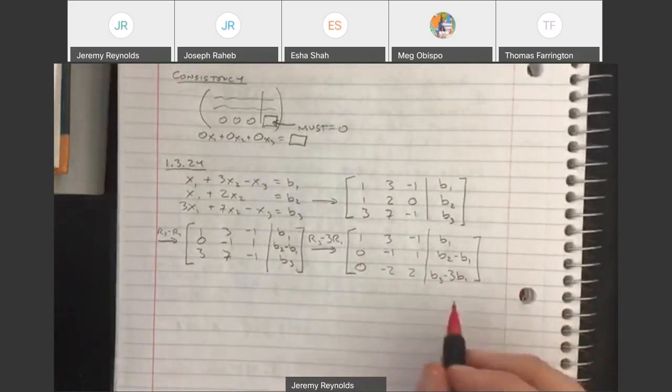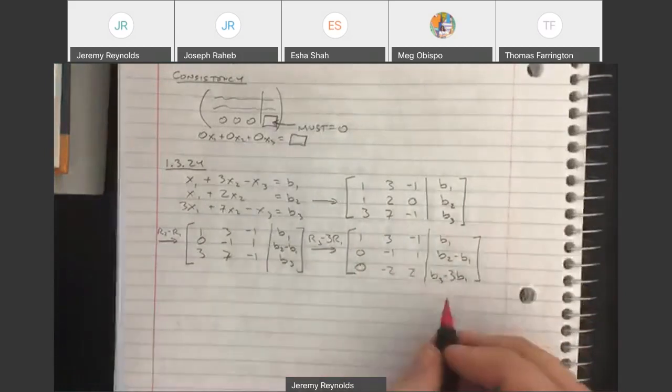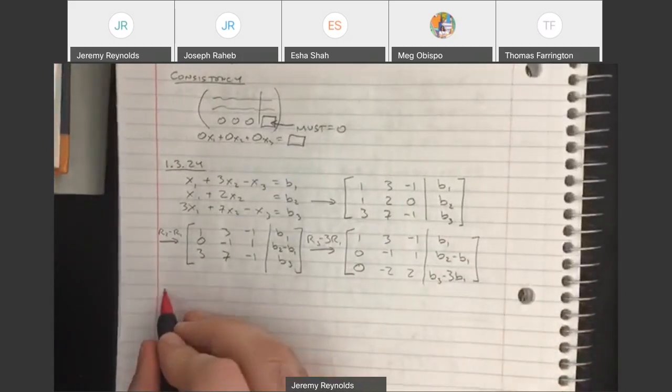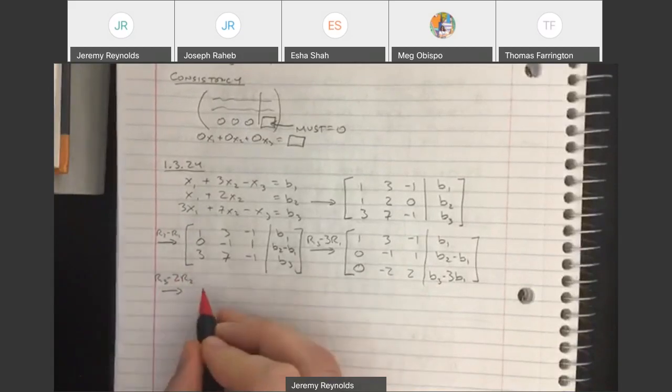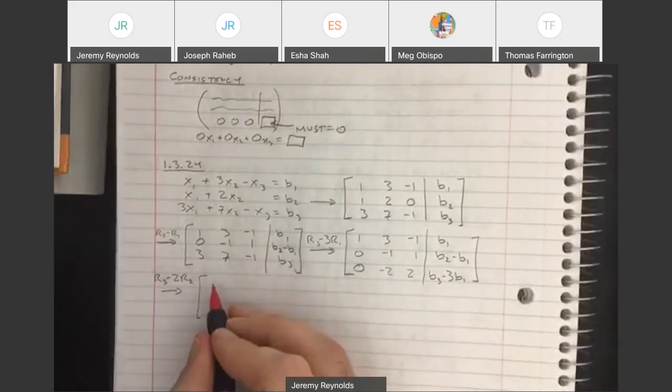The last step to get to the consistency condition is to do row 3 minus 2 row 2.